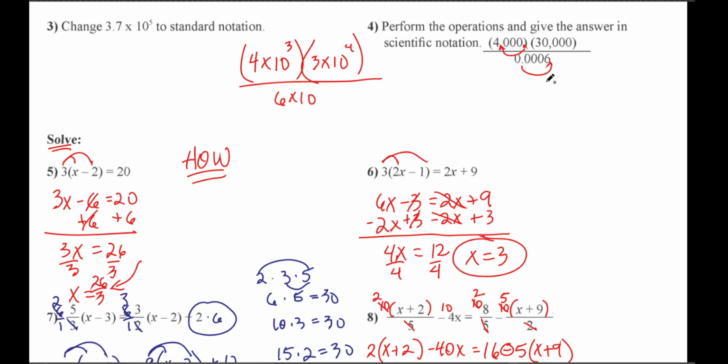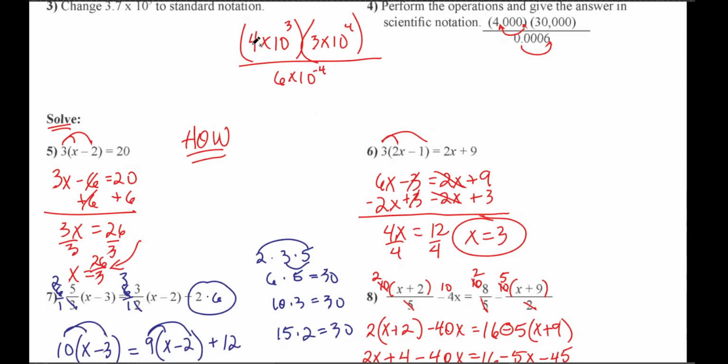Count up how many zeros. But this, you count how many places did you have to move it. All right, so 1, 2, 3, 4 places to get it here. Even though there's three zeros, I had to move it 4 decimal places. So it's a small number, so I make it to the negative 4th. Everybody see that? So I change them all into scientific notation, and now I can work these out.